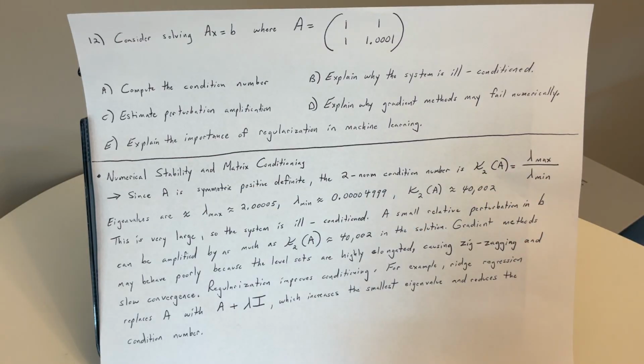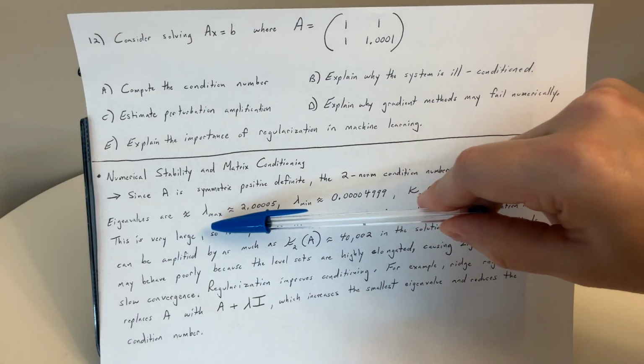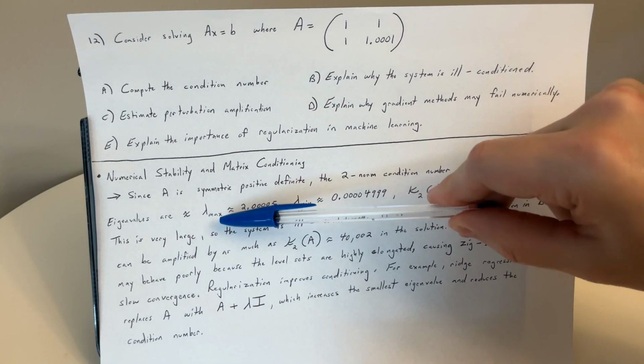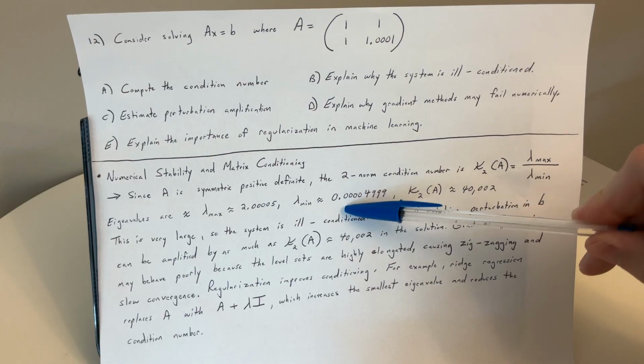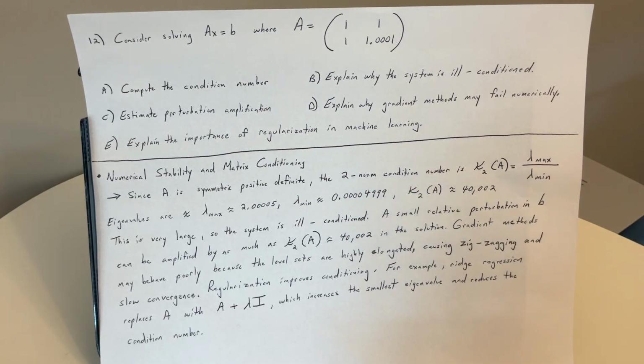Since A is symmetric positive definite, the two-norm condition number is kappa sub 2 of A equals lambda sub max over lambda sub min. Eigenvalues are approximately: lambda sub max is about 2.00005, lambda sub min is approximately 0.00004999.